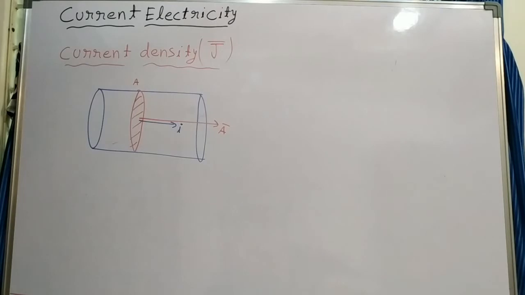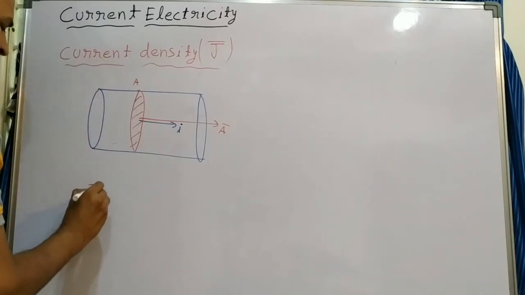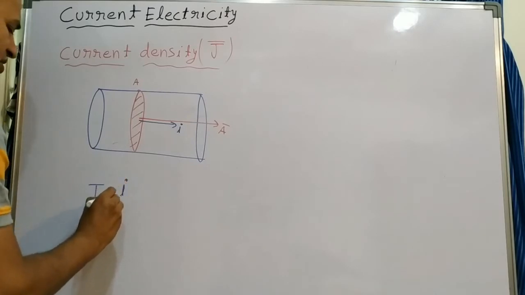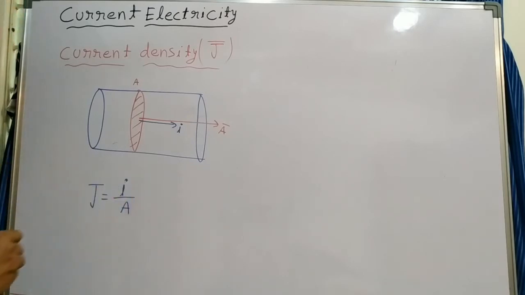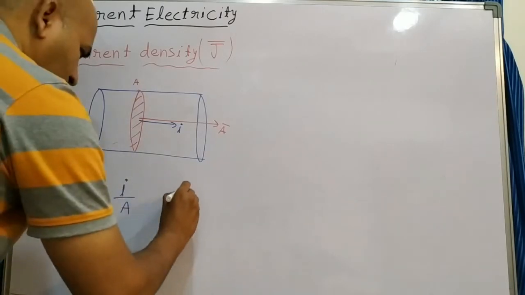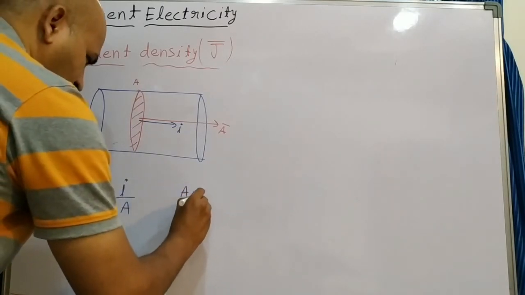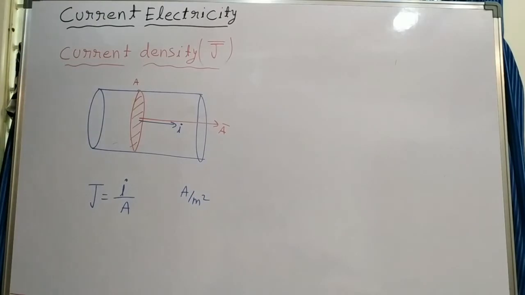So how do they define current density? Current density is represented with J, that is current flowing per unit area. What are the units? Ampere per meter square. Actually J, current density, is a vector quantity, area is also a vector quantity, but I, electric current, is a scalar quantity.